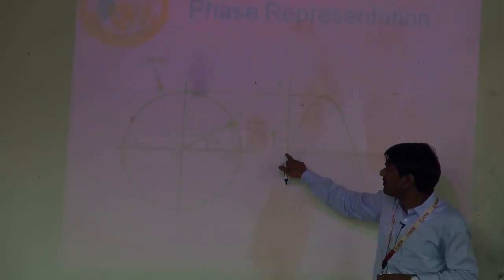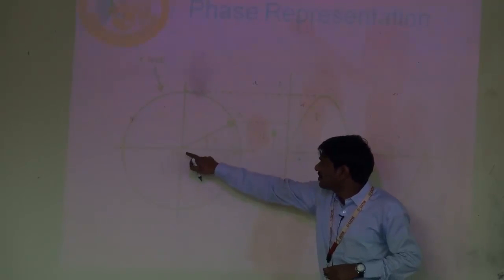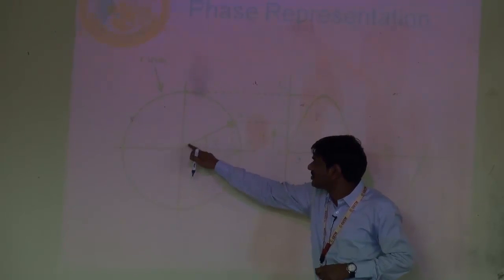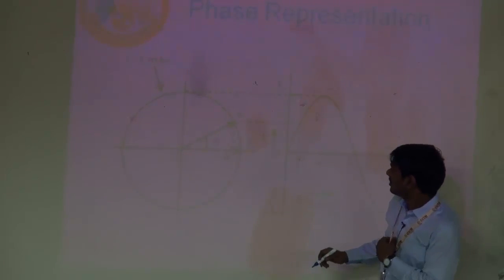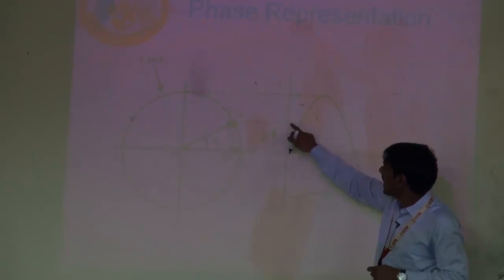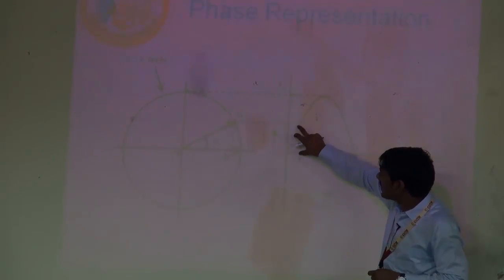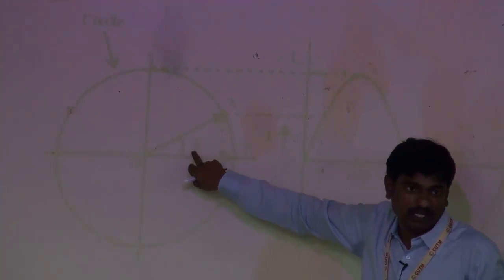So when the coil is made at an angle theta here, the magnitude of the phasor is O to A. If we draw a line from here to the y-axis, this is the magnitude when the coil is making an angle theta.